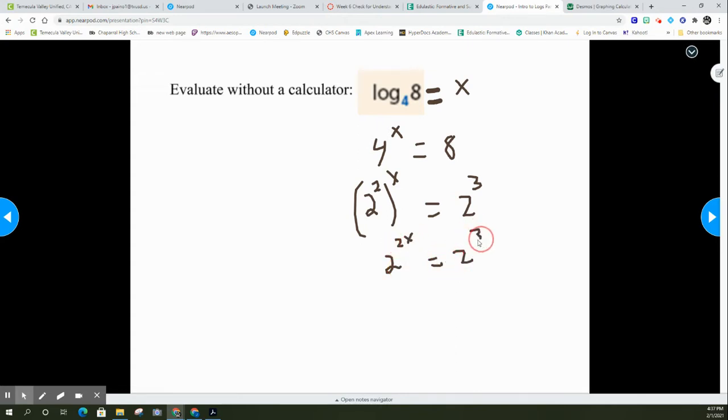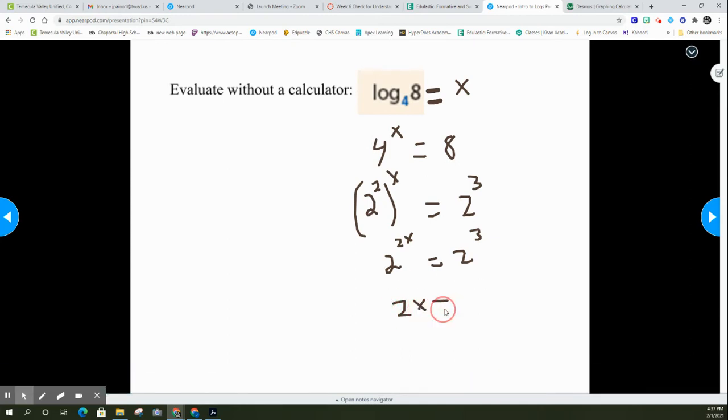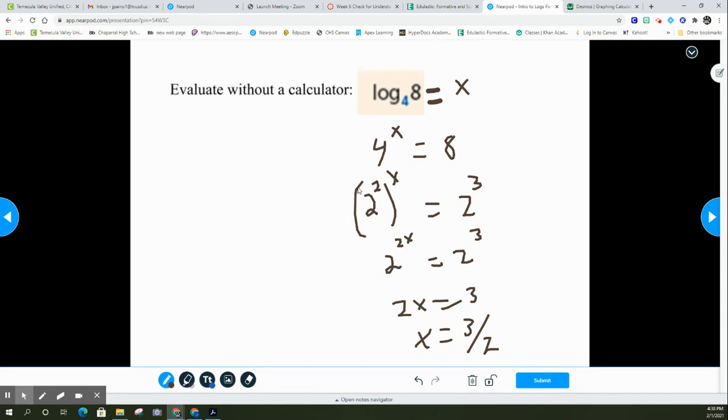Since the bases are the same, exponents must be equal, and then we can solve for x. So x equals 3/2, 1.5 if you like decimals. So we want to change the base, if possible, so that the bases are the same.